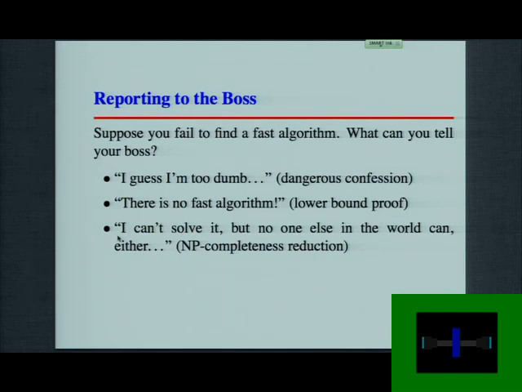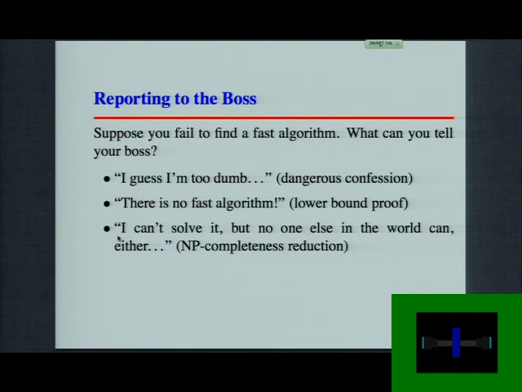One possibility is to tell the boss you failed because you were too dumb. Maybe there's a fast algorithm out there, but you couldn't find it. What's bad about that? The boss is obviously tempted to fire you and replace you with a smarter algorithm designer.